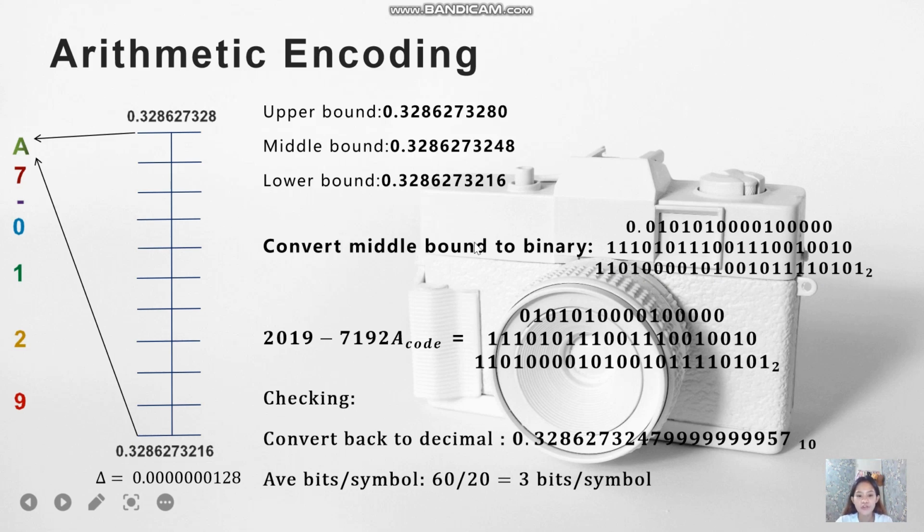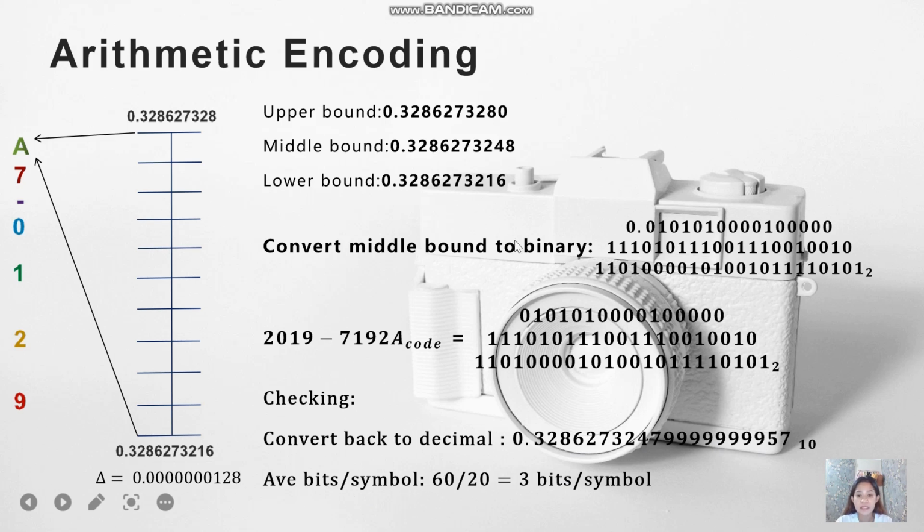And then we are going to convert this back to decimal to check. So we got 0.328627324799999999957.